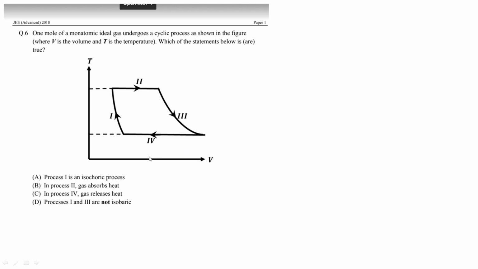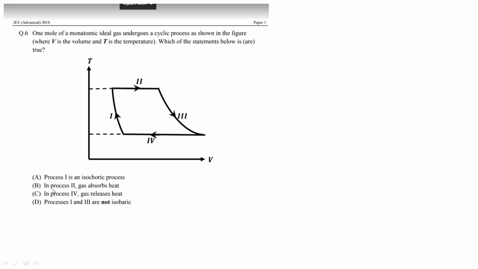When the volume of the system increases, the system actually does work. So the work done is positive, and delta Q is positive. When delta Q is positive, that means heat is absorbed by the system.